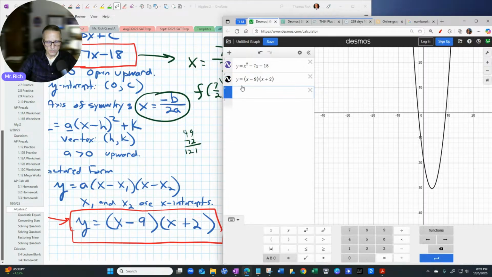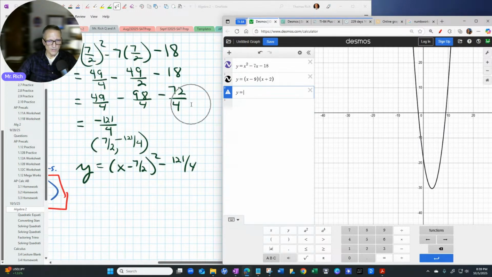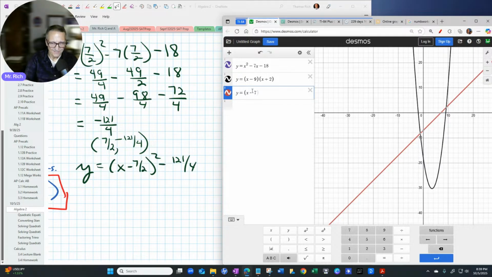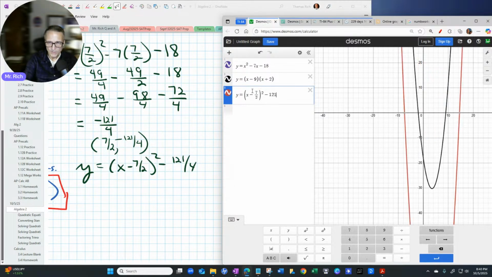Now, the next one, since fractions were involved, I kind of have my doubts on this one, but let's try it and see. So y equals, coming over here, this was our equation right here in vertex form. Let's see if this really works. Y equals x minus 7/2 squared, and then minus 121/4.